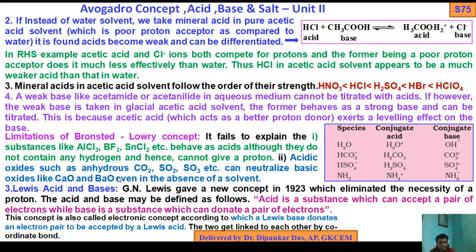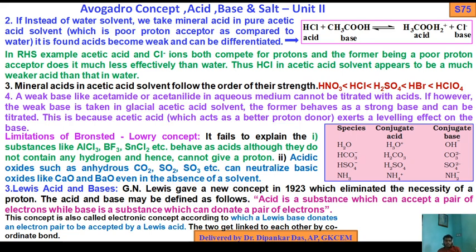Acidic oxides such as anhydrous carbon dioxide, sulfur dioxide, and sulfur trioxide can neutralize basic oxides like calcium oxide and barium oxide even in the absence of solvent. So these are the drawbacks or limitations of the Bronsted-Lowry concept.